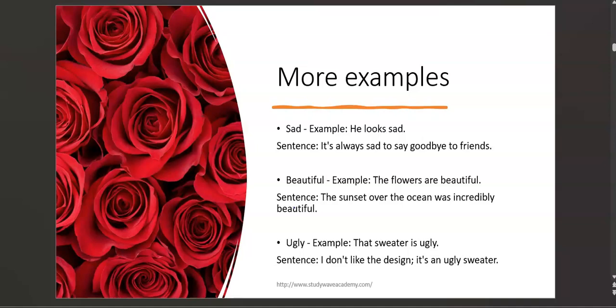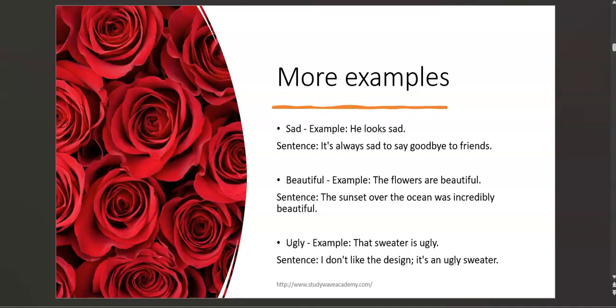So this is an opinion adjective, and as we continue growing and learning together, we will reach a point where we will discuss more types of adjectives. We have several types of adjectives, very many types, and right now we're looking at the common adjectives, and there are also other adjectives like countable adjectives.